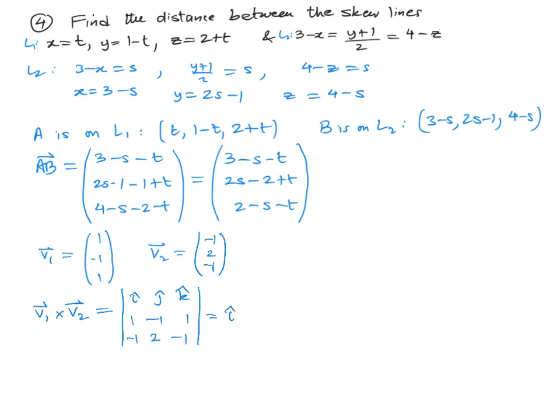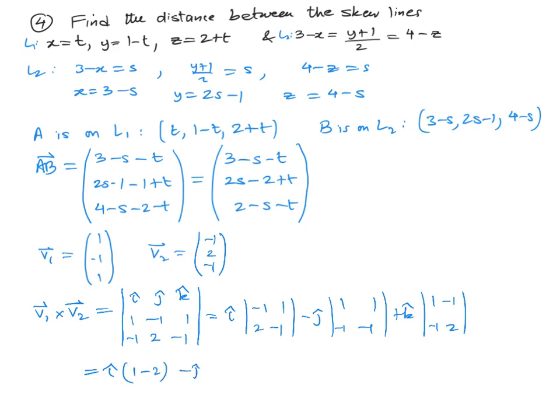So i hat times the determinant of -1, 1, 2, -1, minus j hat times the determinant of 1, 1, -1, -1, plus k hat times the determinant of 1, -1, -1, 2. So if I keep this going, I have i hat times negative 1 times negative 1 is 1, and then minus 2, minus j hat times negative 1, and then minus negative 1, so plus 1, it's going to turn to 0.